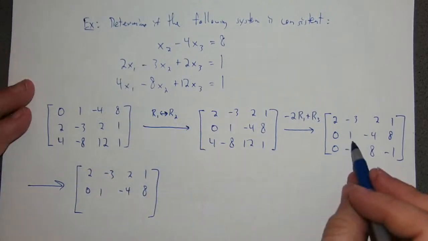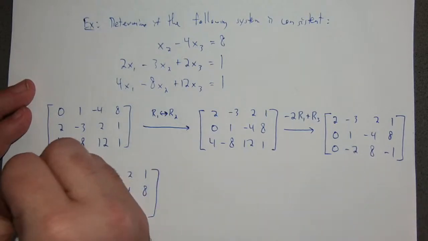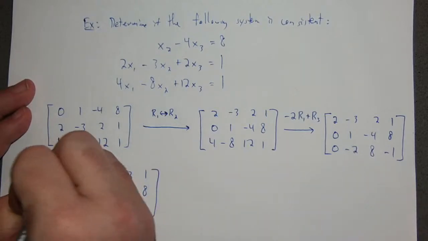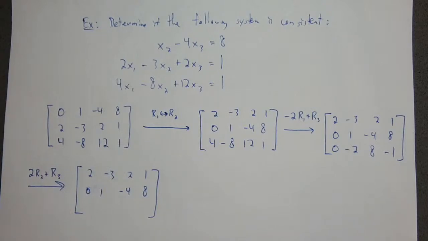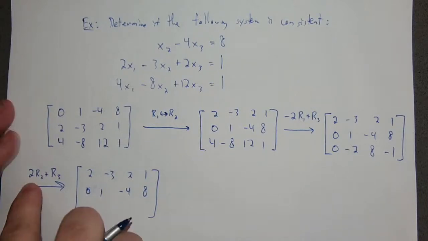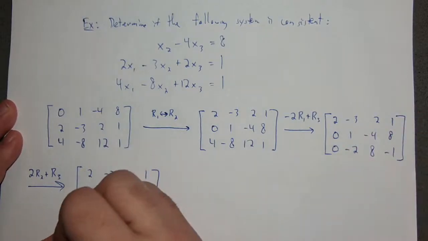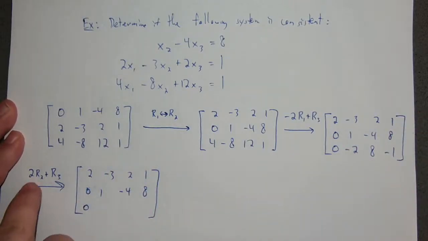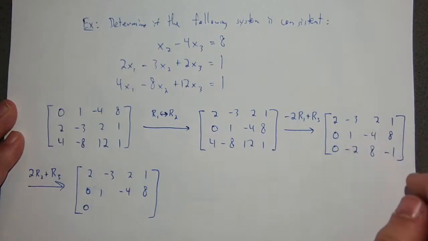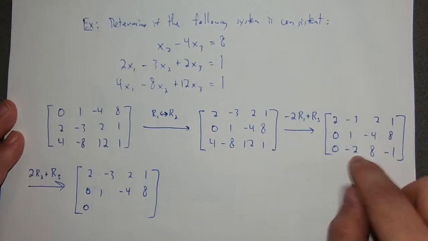And then I'm going to do 2 times row 2 plus row 3. That's what I'm doing to zero these out. So 2 times row 2: 2 times 0 is 0, plus 0 is still 0. That's good. 2 times 1 is 2, plus minus 2 is 0.